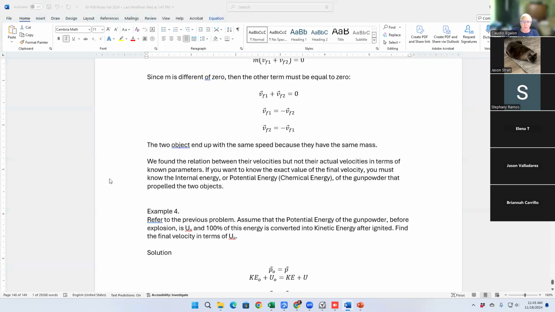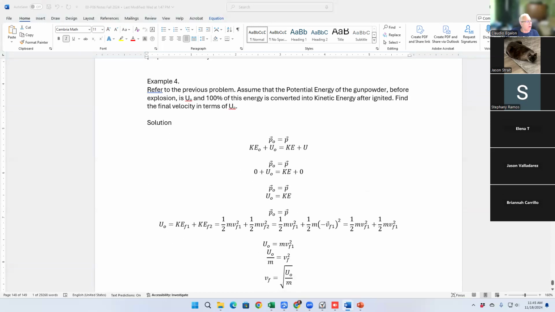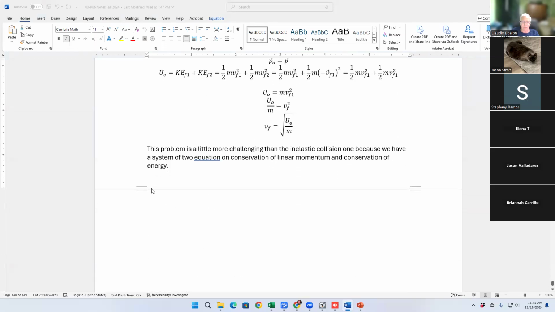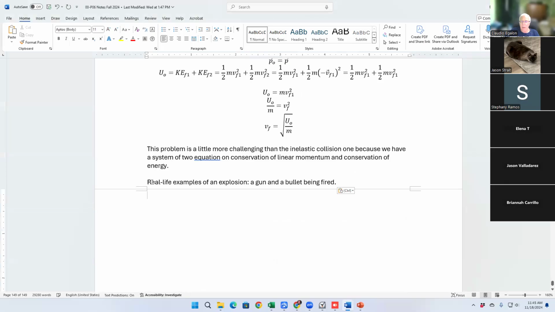So we have done 4 examples so far. Real life examples of an explosion, right? The case of a gun and a bullet, a cannon and a cannonball, being fired.